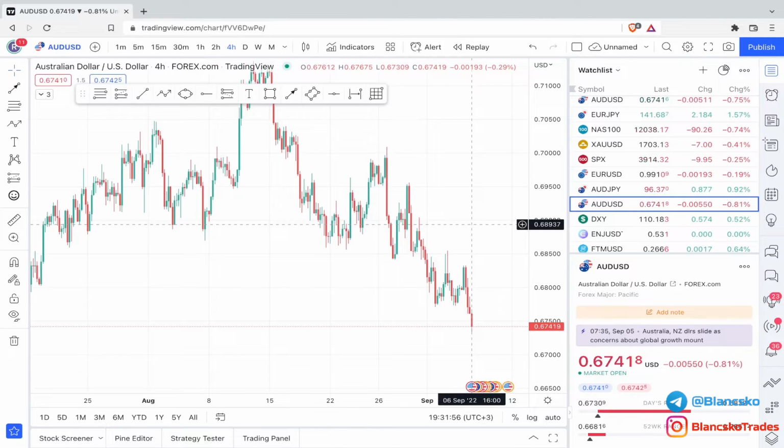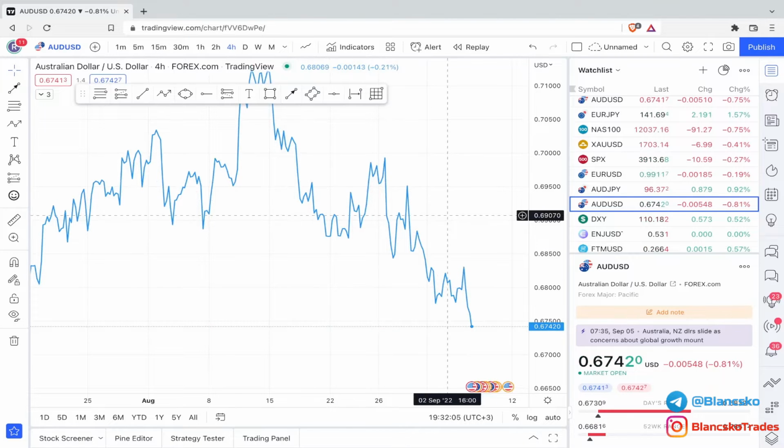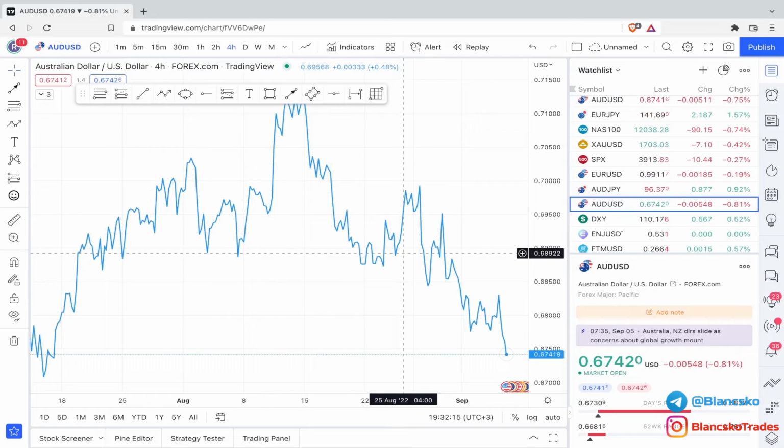So a very easy method you can try is enabling the line chart, and on the line chart just follow the price and follow the major structures, the major pushes to the upside or downside, and mark them down as higher lows, higher highs, lower lows, or lower highs.